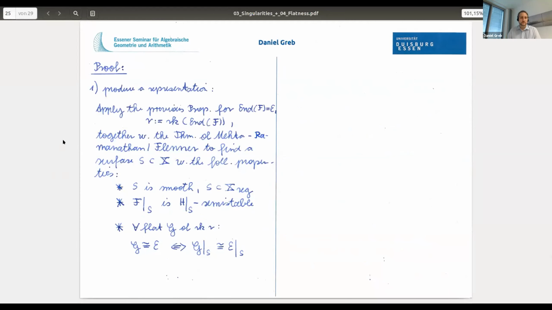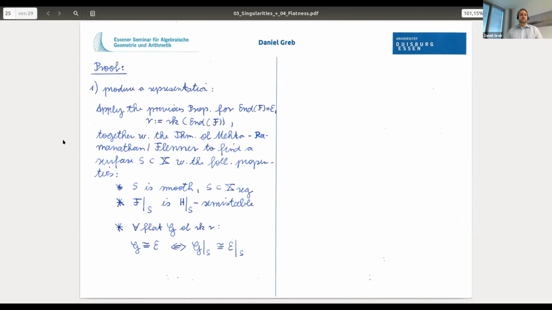For this I apply the previous proposition about surfaces, with E equal to End of F and R the rank, together with the theorem of Mehta-Ramanathan and Flenner, to find a surface with the following properties. Okay, first, S is a complete intersection surface. It's smooth. It's inside the regular locus. Then that's Mehta-Ramanathan for the sheaf F.